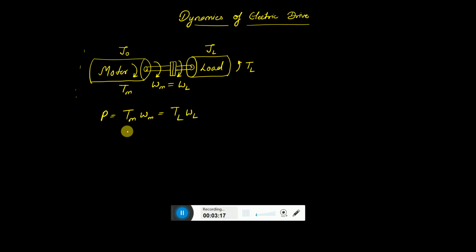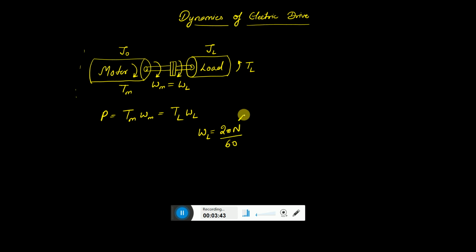Now the problem that arises here is that the load may require a value of omega L equal to 2 pi n by 60, where n is in revolutions per minute.